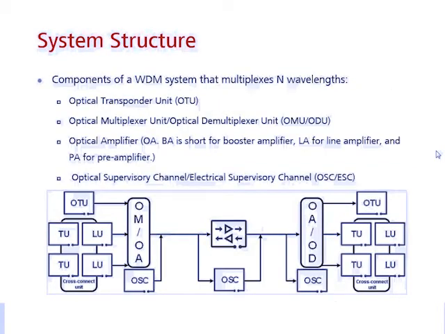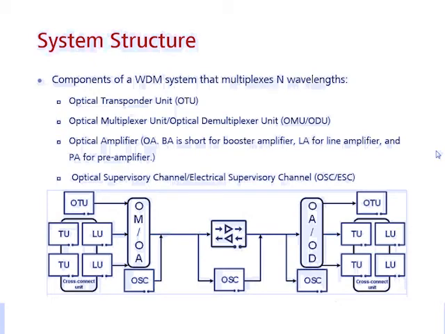Okay, so if we want to realize the WDM technology, I think we need hardware to realize this kind of application. So you can see in this system structure, we have the hardware to help us realize all this. The first unit is the optical transponder unit, which is OTU. So the OTU is the first board in the WDM network.